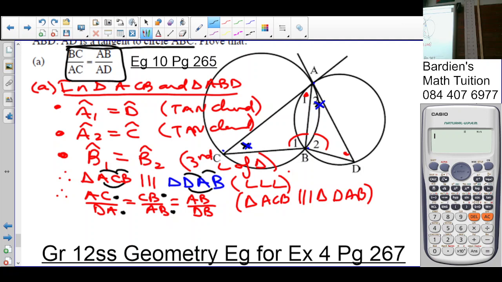No. The BC is on top with AC at the bottom, so those two must interchange. Can you see that, people? So I then say, therefore, CB over AC is equal to AB over DA or AD. People, something like this is worth 6 marks.